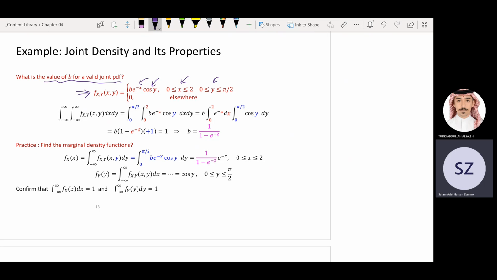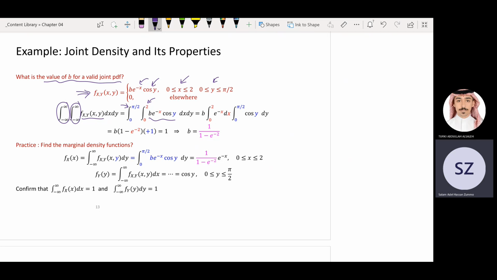So simply I need to integrate the PDF over x and y from minus infinity to infinity, and this should equal 1. Whatever that gives me, I need to equate it to 1. So if I integrate the joint PDF, x is between 0 and 2, and y is between 0 and pi over 2.